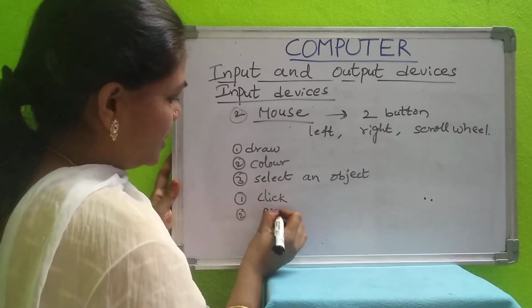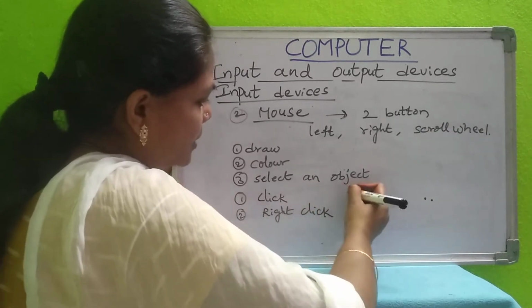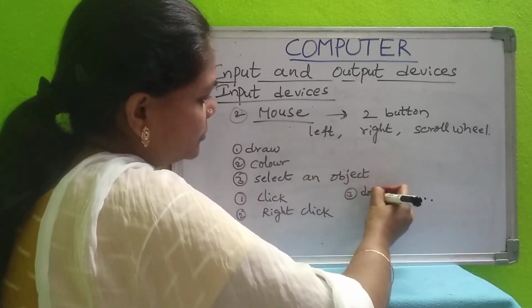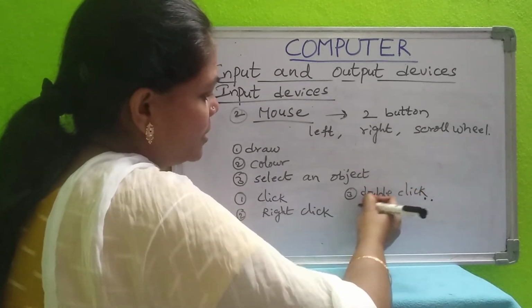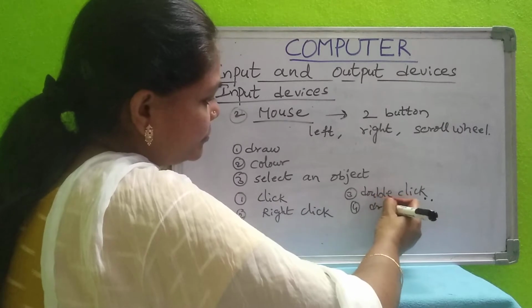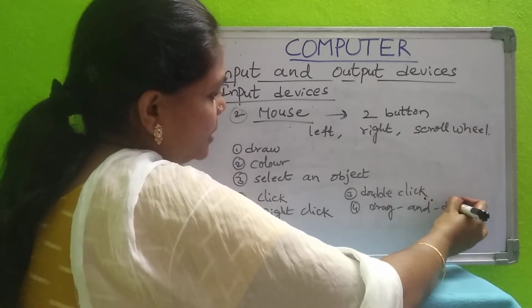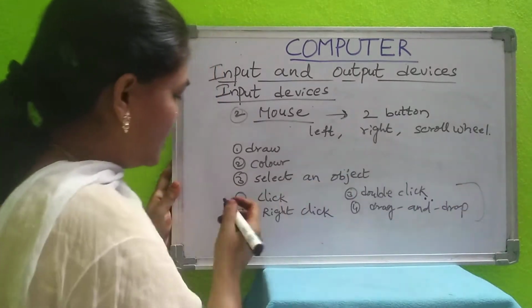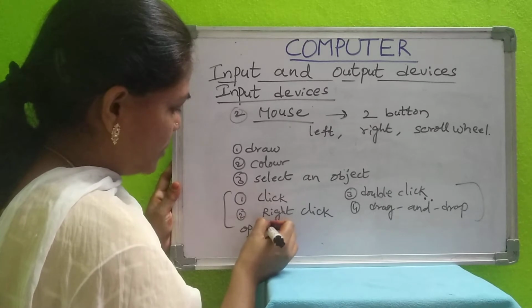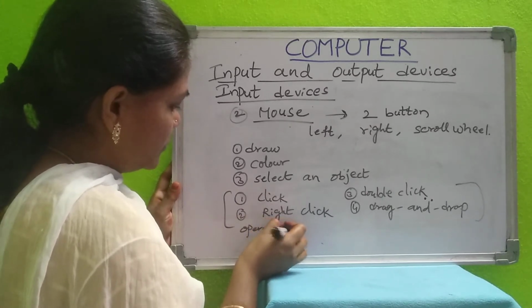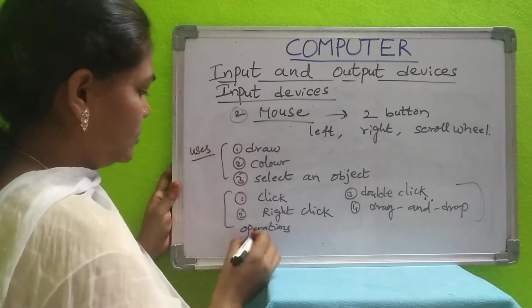We can click, right click, double click, and we can drag and drop any object. These are the uses of a mouse.